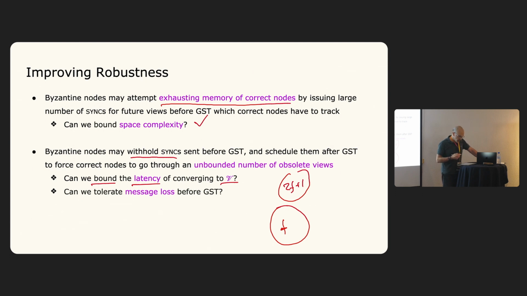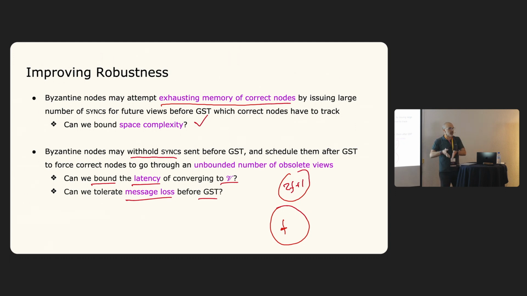And we also want to tolerate message loss before GST. In a partial synchrony model where messages before GST can be arbitrarily delayed, the question is what is guaranteed about when messages sent before GST can arrive. Some papers assume that all these messages arrive within delta after GST, but that's not a very reasonable assumption because the number of such messages is unbounded.